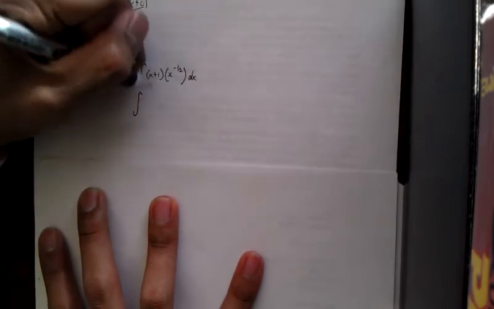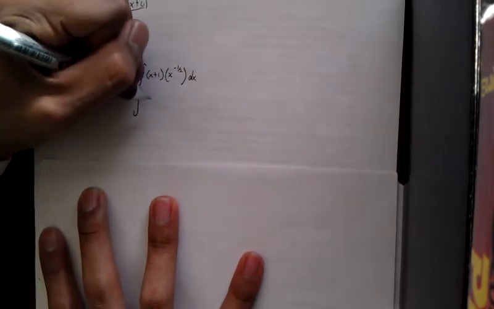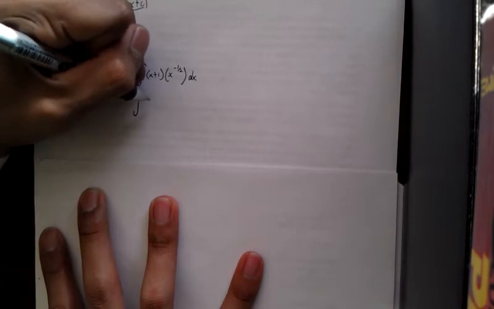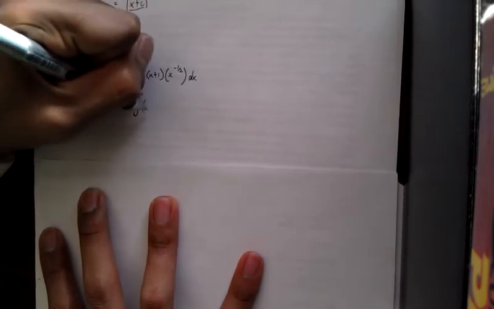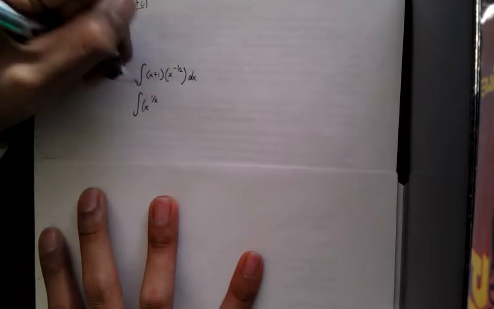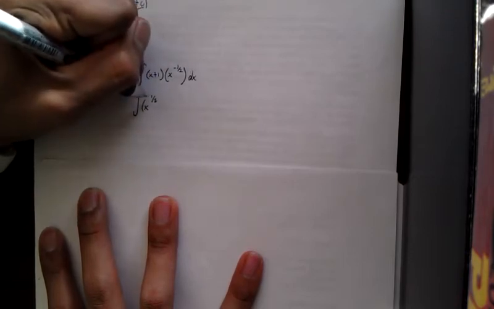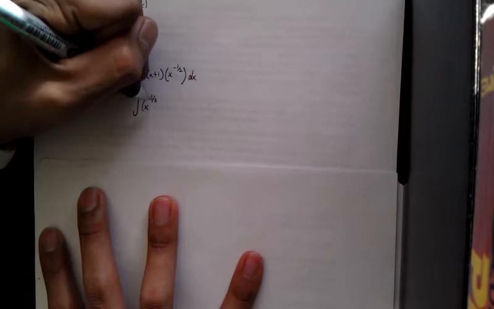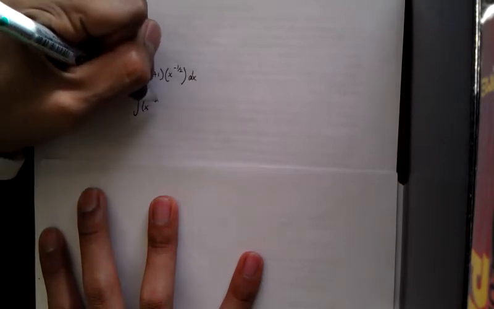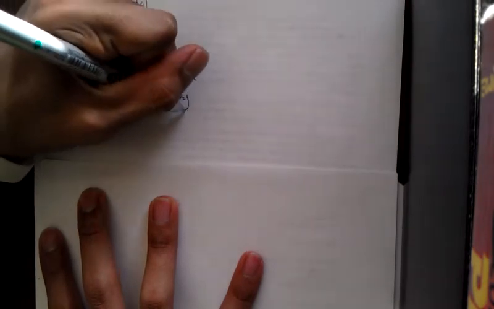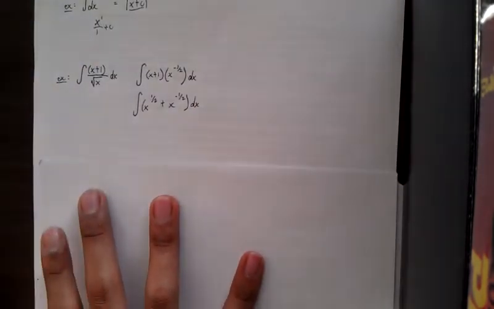Distribute this x to the negative 1/2 across, so that you get x to the 1/2 plus x to the negative 1/2 dx.